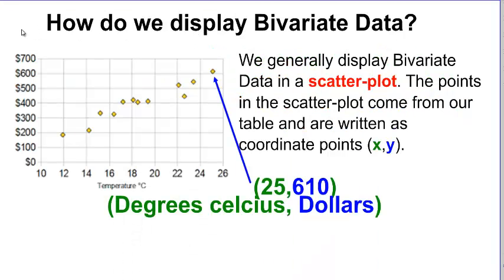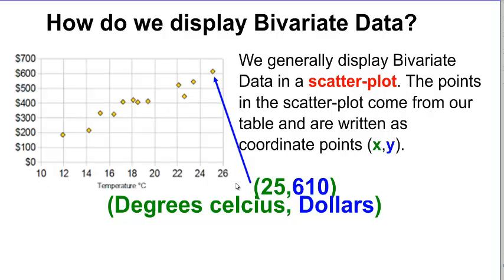We display bivariate data in a scatter plot. Many of you have seen this before, but just to make sure we're clear, in our scatter plot we are graphing all of our points (x, y), x being our x value or independent variable, y being our y value or dependent variable.